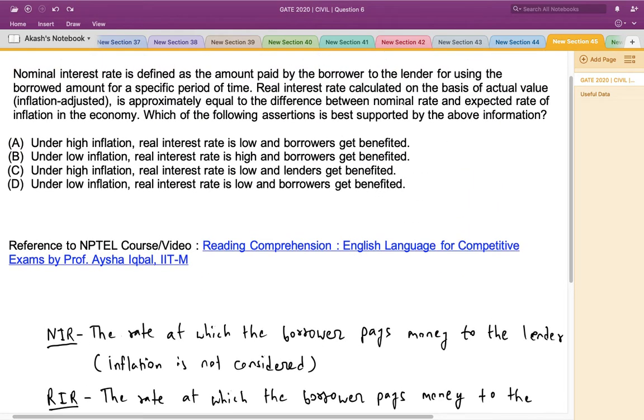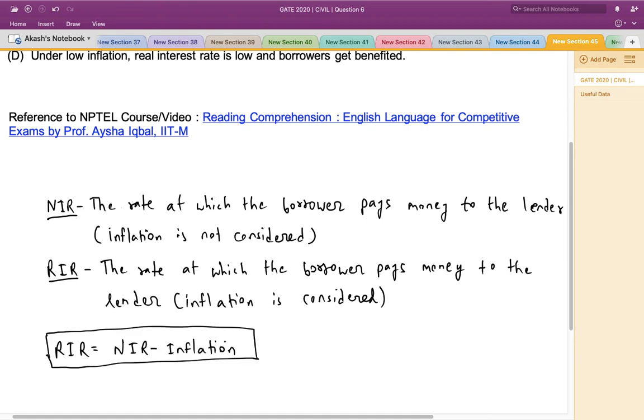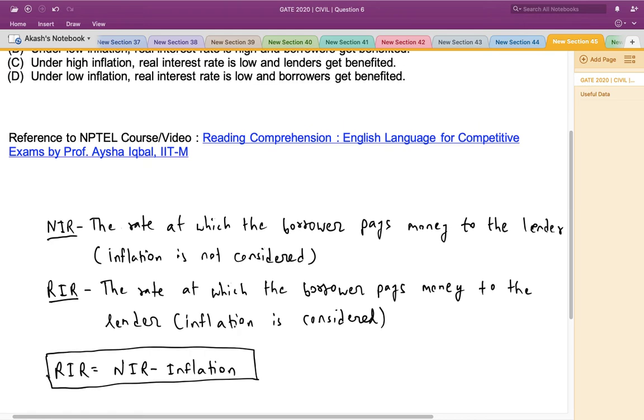We have been given a formula to calculate the real interest rate as the difference between the nominal rate and the expected rate of inflation. So, I can write the real interest rate as the nominal interest rate minus the inflation. With this formula deduced, let's look at the options.